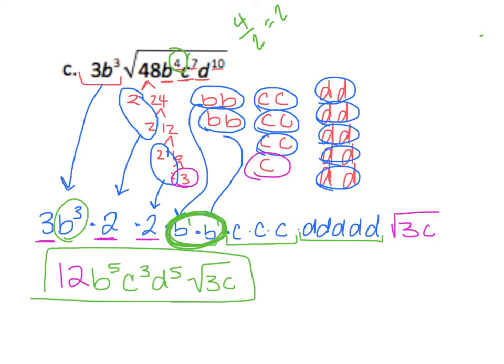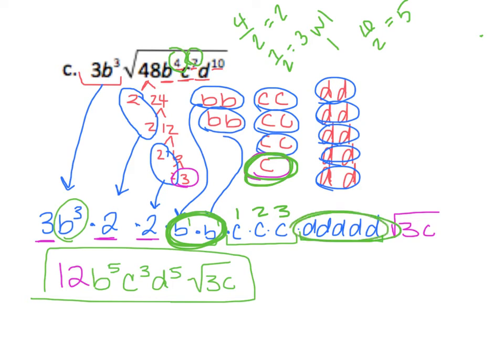If I do that same thing for the c, 7 divided by 2, that's going to be 3 with 1 left over. So that's how I got 1, 2, 3 c's, and there was 1 that was left over inside the root. Same thing with the d. 10 divided by 2 was 5, and that's how I got 5 d's on the outside, and there's no remainder.